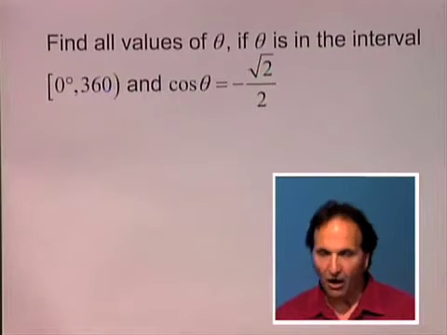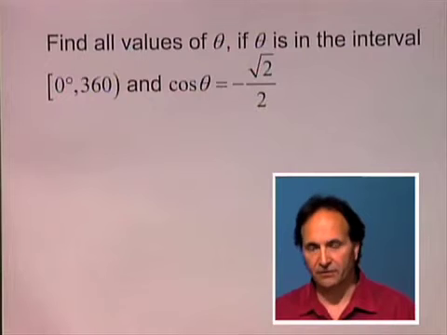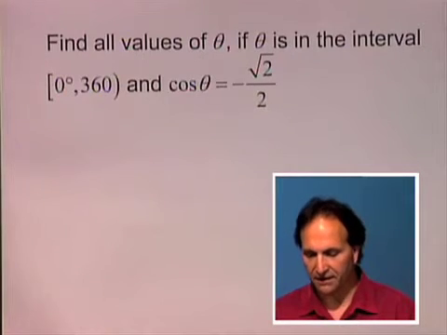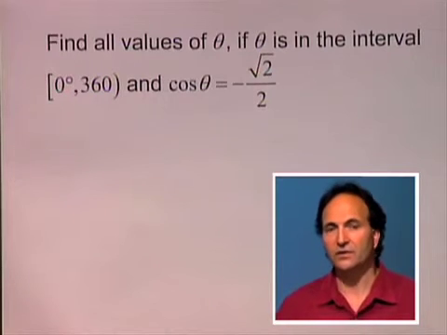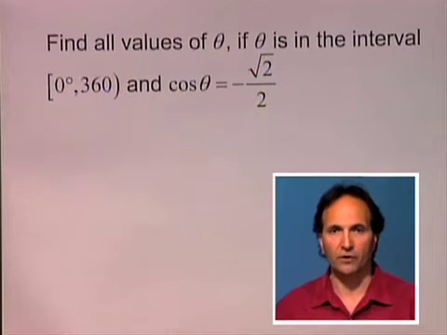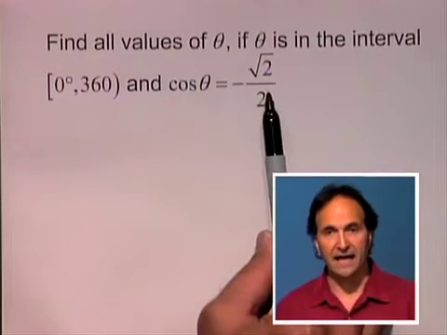In this example, we'll be finding angle measures given an interval and a function value. Find all values of theta if theta is in the interval 0 degrees to 360 degrees and cosine theta is equal to negative the square root of 2 over 2. Let's start with the idea that cosine is negative.